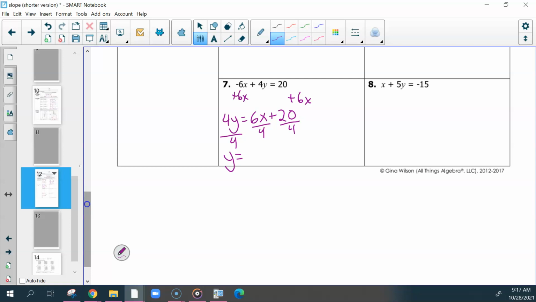Can we simplify that? 3 over 2. x, 20 divided by 4 would give us 5. So altogether in slope, you will need to be able to find it from a graph, find it from 2 points, find it from an equation, which could be in slope-intercept form or in standard form.